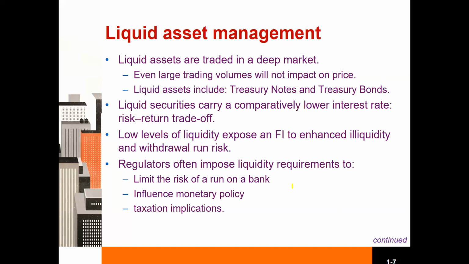By contrast, more illiquid assets, for example, bank loans to commercial borrowers, often have to promise additional returns or risk premium to compensate the depository institution for the relative lack of marketability and greater default risk of the instrument.